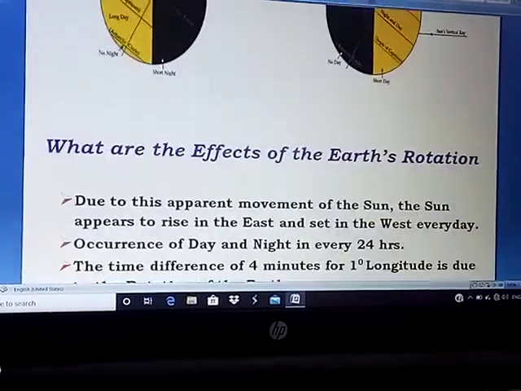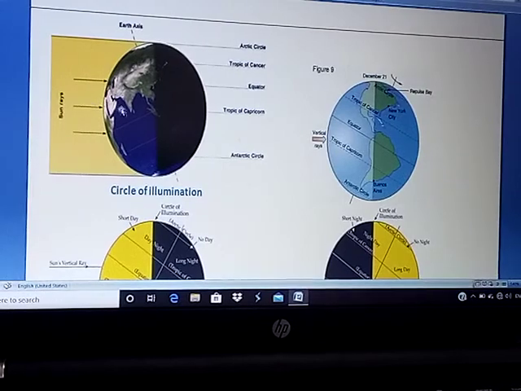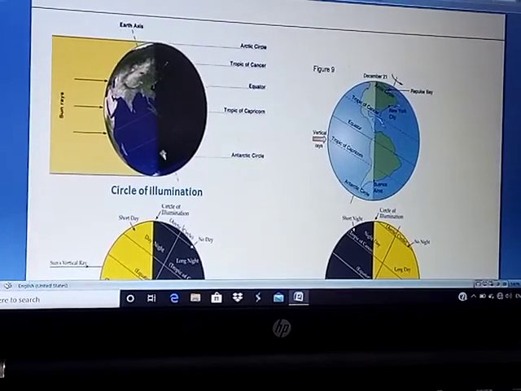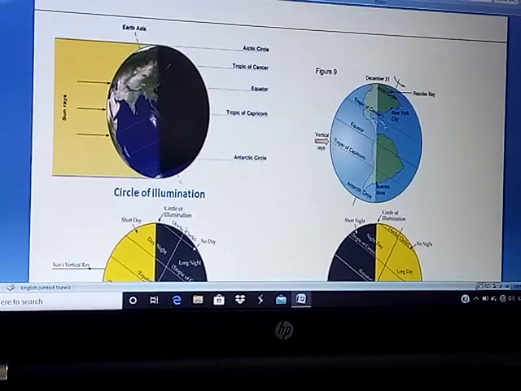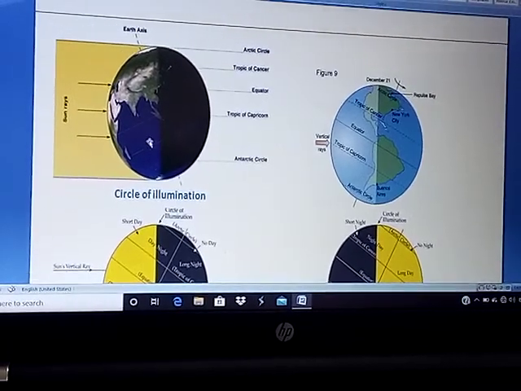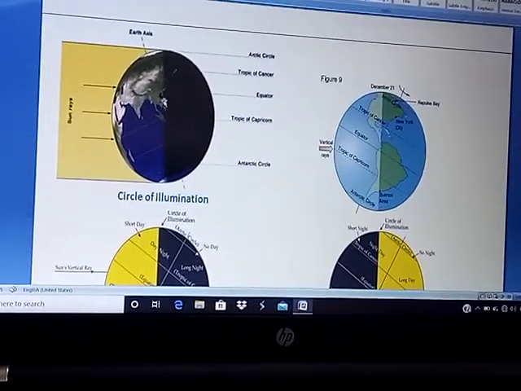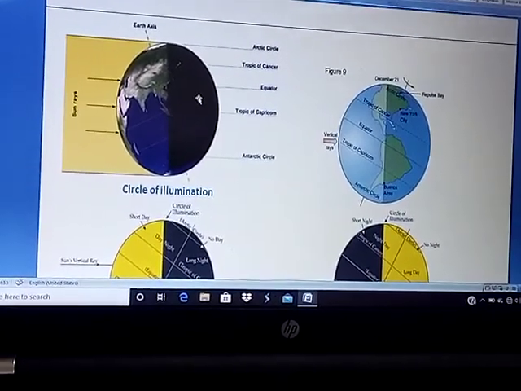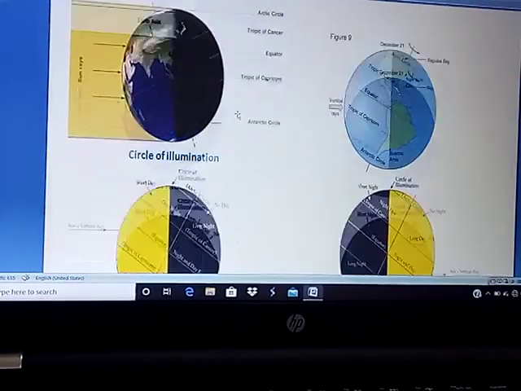Suppose the earth is rotating. You can cut the earth into two halves, the northern hemisphere and southern hemisphere. The movement varies in the ocean or in the wind, even in the ocean also. Suppose the wind is moving from this way to this side, it will get deflected to the right in the northern hemisphere, and in the southern hemisphere it will get deflected to the left side.